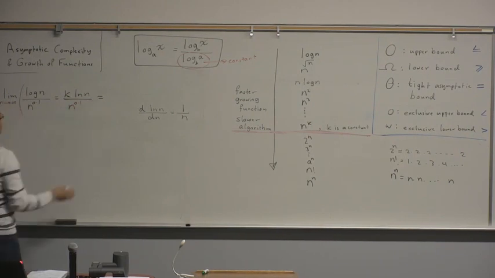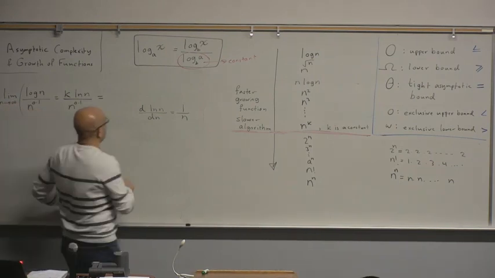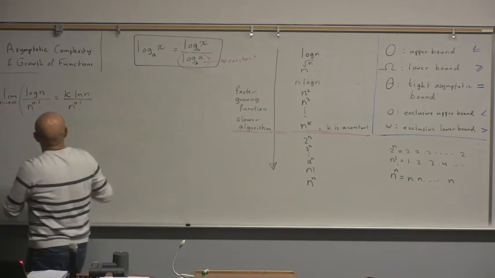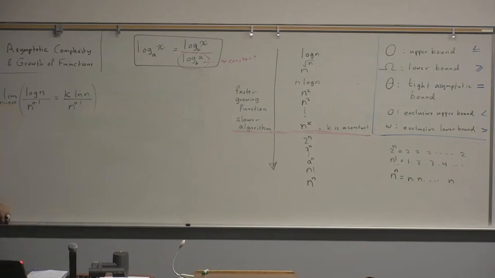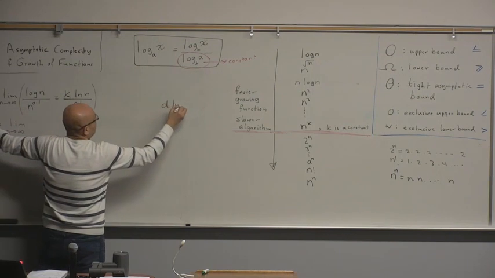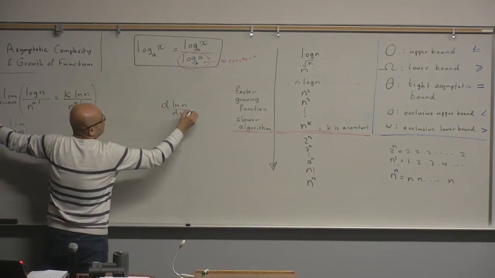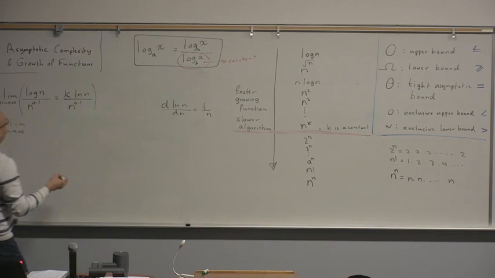Now we can take the derivative of the numerator and the derivative of the denominator. So this is going to be equal to the limit as n goes to infinity of k ln n, or we can go ahead and calculate the derivative already. So d of ln n by dn equals 1 over n.